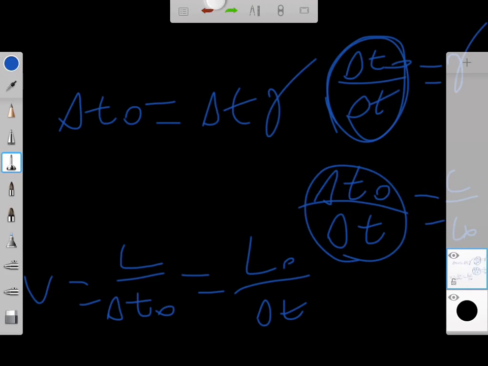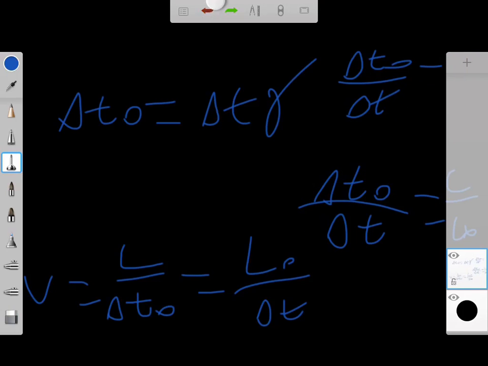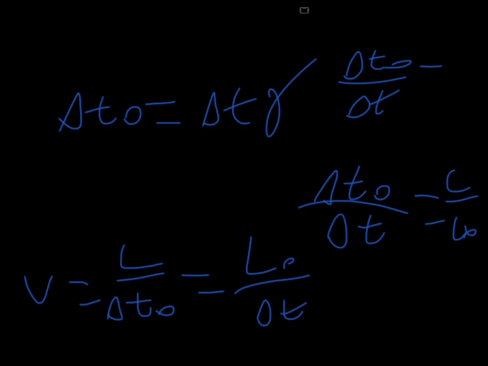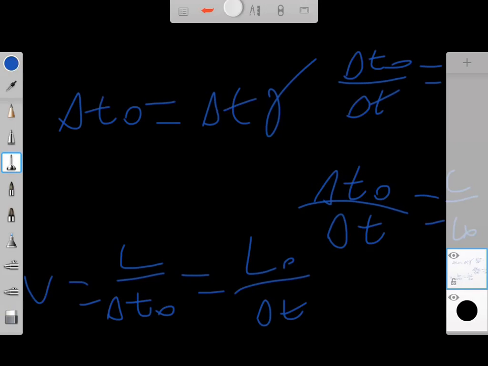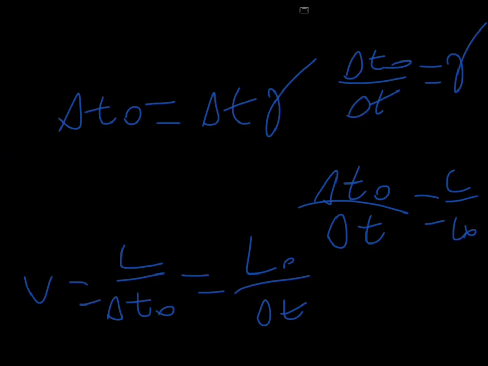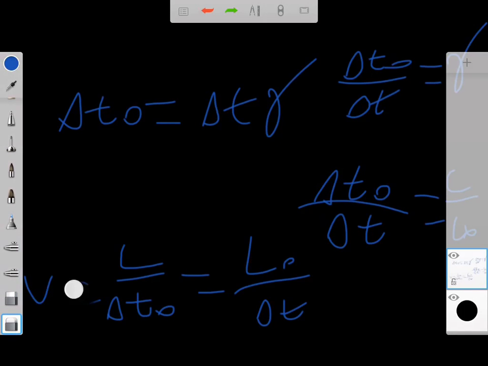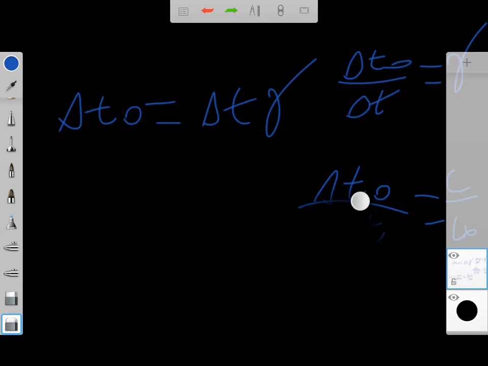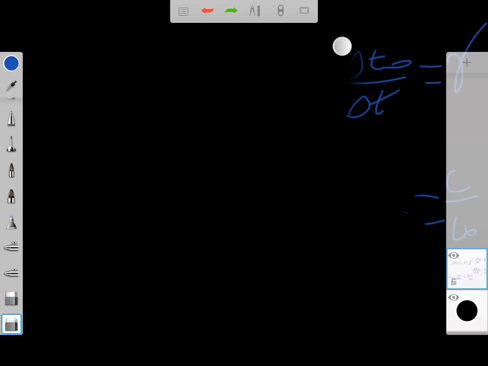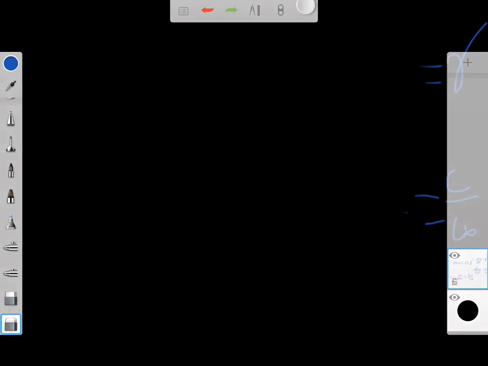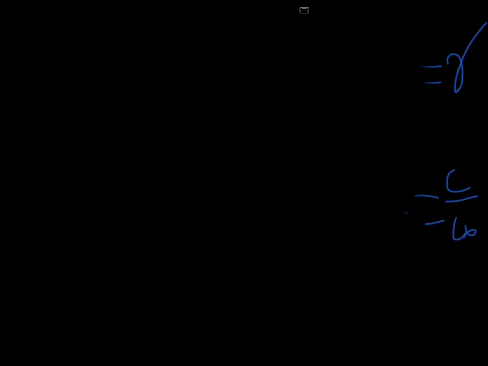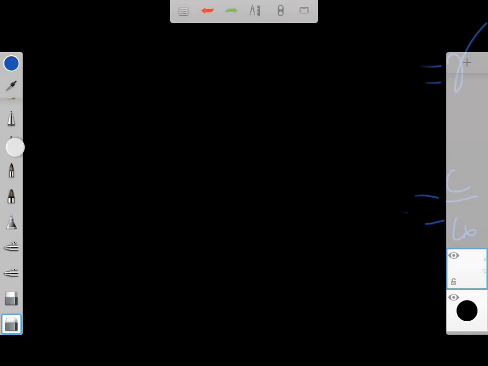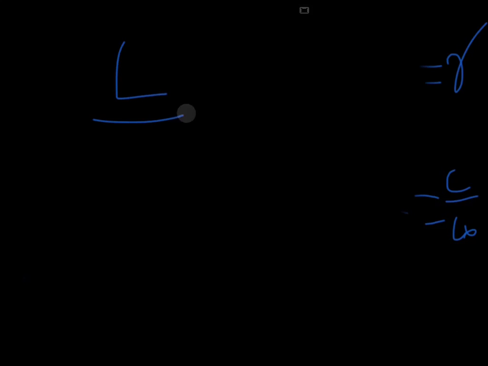So we have that the length divided by the proper length is equal to gamma.